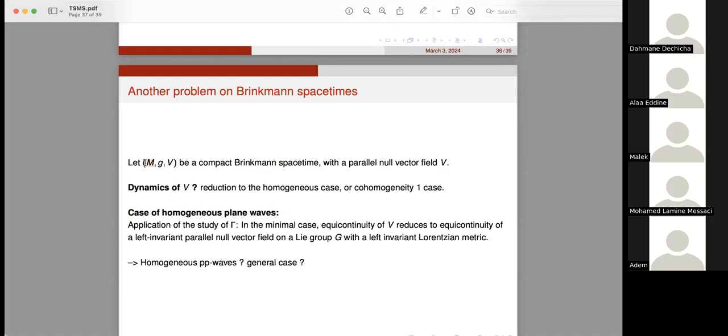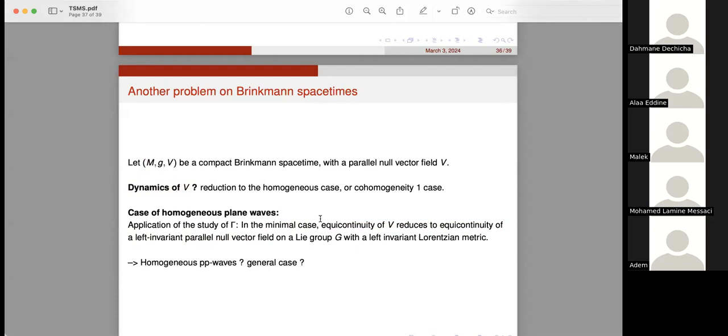And in this case, the study of the dynamics of V reduces to the equicontinuity of a left invariant parallel vector field on a Lie group endowed with a left invariant Lorentzian metric. And this is an easier question than the general one.